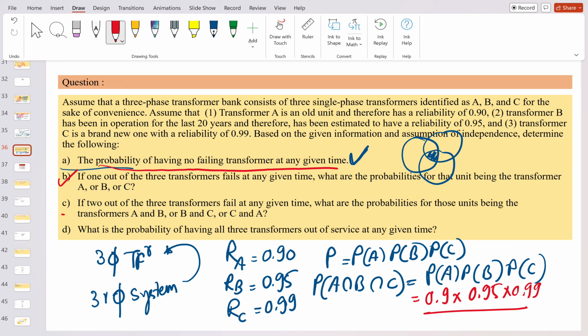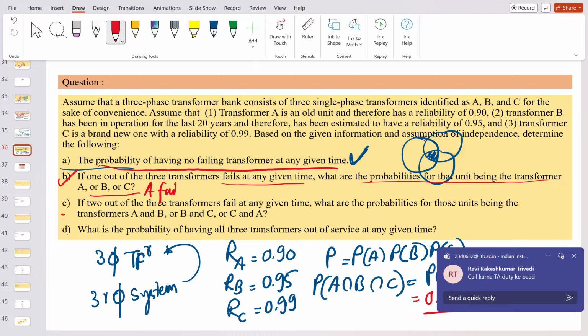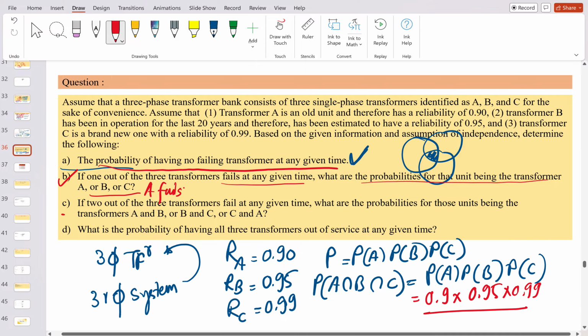But when you see the second, it says that if one of the three transformers fails at a time, what is the probability for the unit being transformer A, B or C? So in this situation, suppose A fails. What will be the probability in this situation?